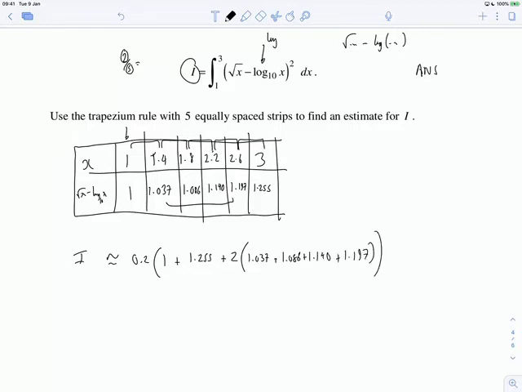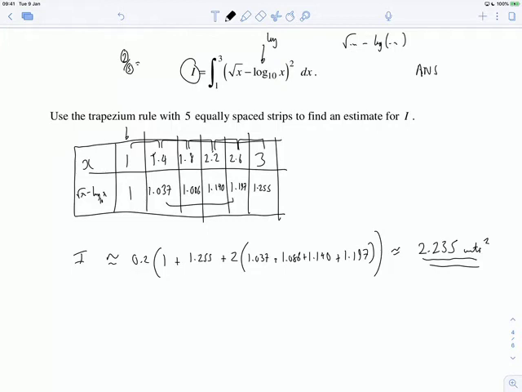Close brackets, close brackets. That is just a calculator job, so 0.2 brackets 1 plus 1.255 plus 2 brackets 1.037 plus 1.086 plus 1.197, close brackets, close brackets. That apparently is 2.235 units squared.